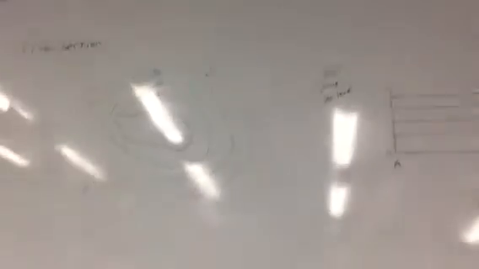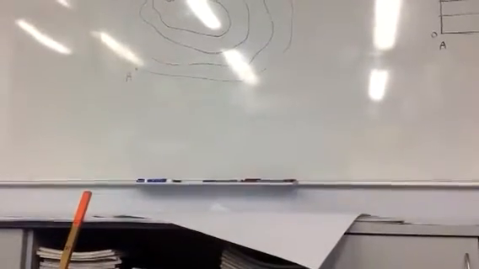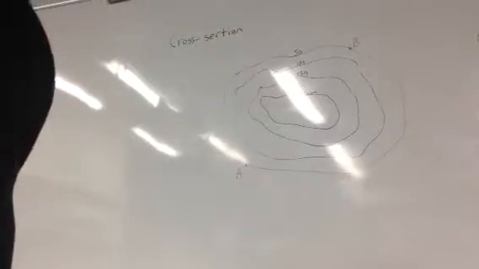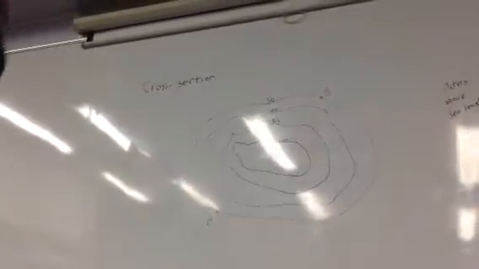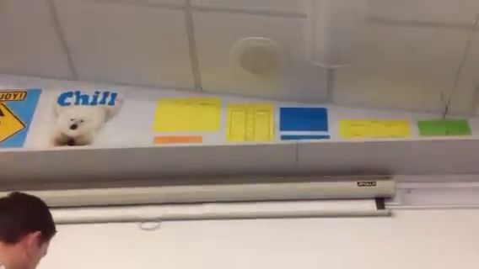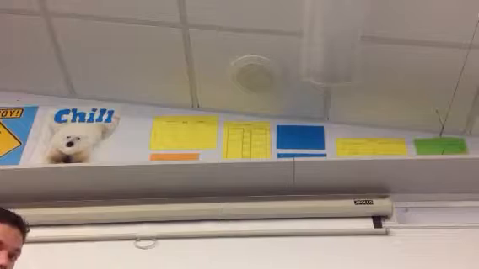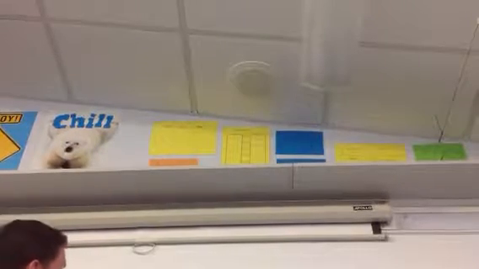Alright, let's try that one more time. So you hold up your pen and your sheet, and anywhere that the contour lines cross your sheet, you need to make a mark and write down the number.